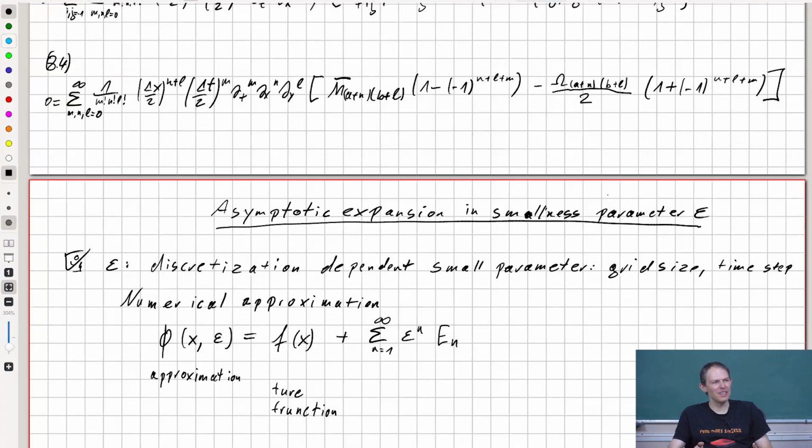So you replace it by a different function that you can solve, and the true function is the f, and the approximation is this phi. And since you cannot solve the thing, you always have this error term. Yeah? So you have this series of error terms.